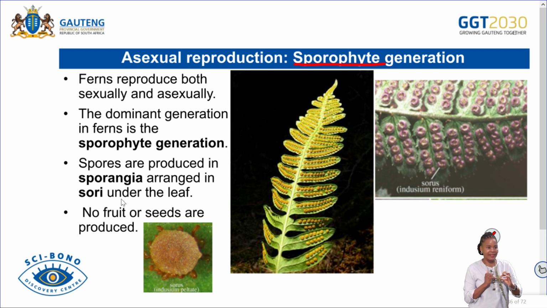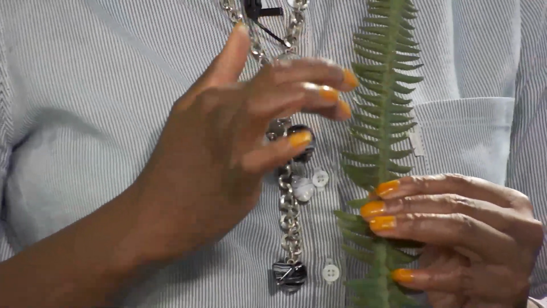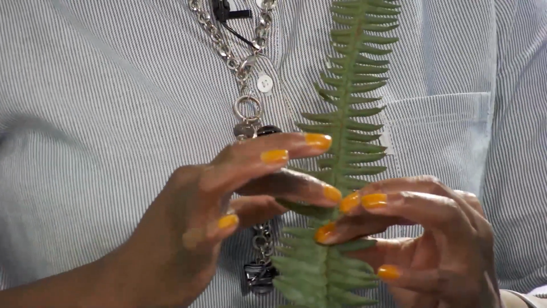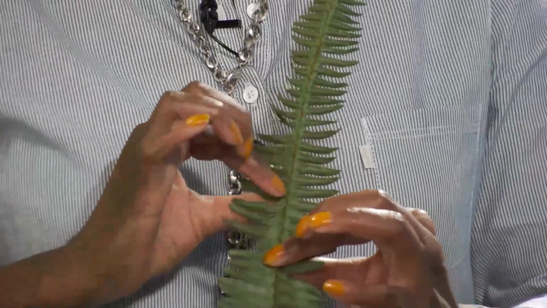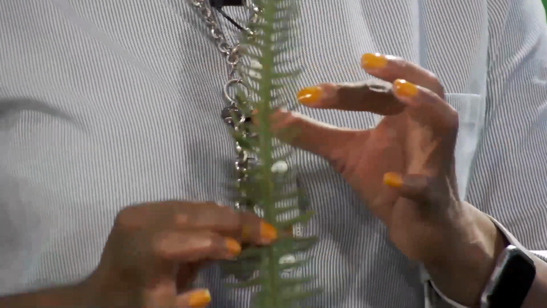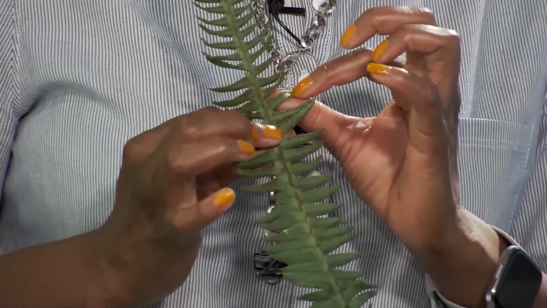And then where are the sporangia? The sporangia are arranged at the back of the leaves. Can you see? There are small structures there, which are called the what? The sorus. When you look into this leaflet, or this frond, remember we said this is called the frond, you will clearly see that there are the sori.